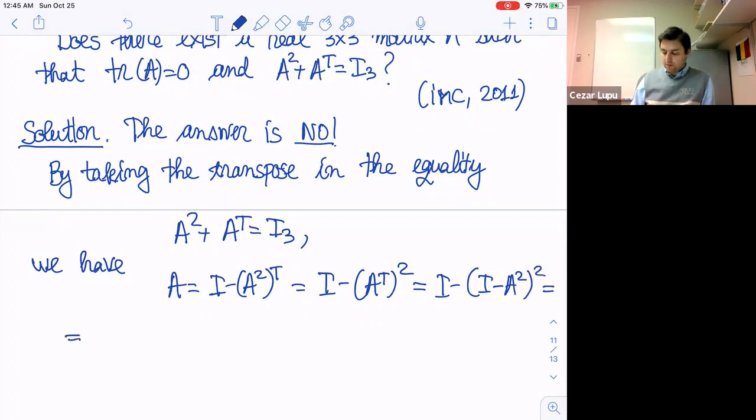So this would be equal to, if we do all these computations, 2A squared minus A to the 4th. So finally we have this.